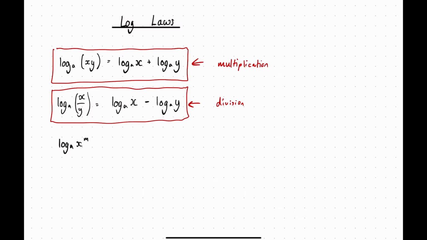If there was other things in here, like a quadratic, this law doesn't actually work. But basically, you can bring the m to the front, so it's m log base a of x. And that is a multiplication, by the way: m times log base a of x. This is our power law.